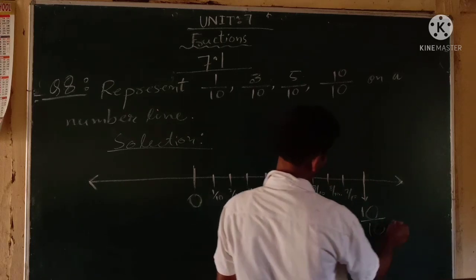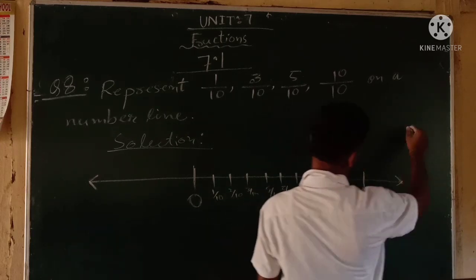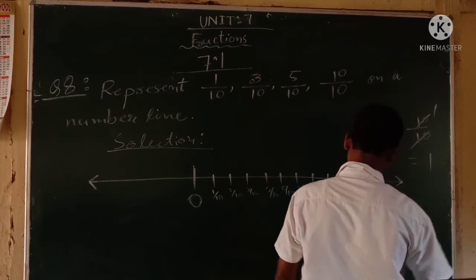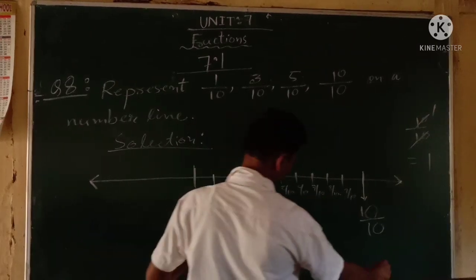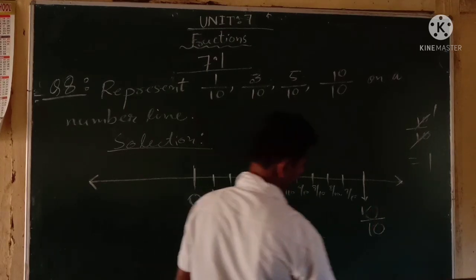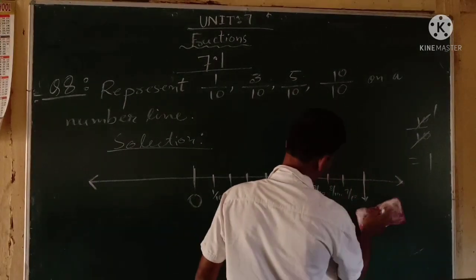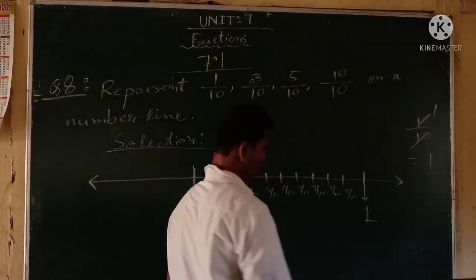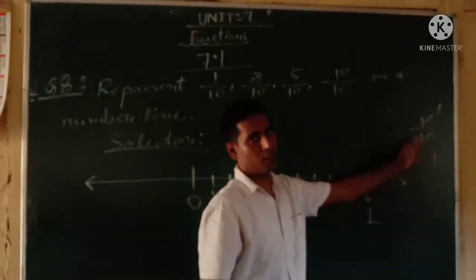10 by 10 means 1, isn't it? 10 divided by 10, 10 times 1 is 10, that means 1. That means this is 0 and this is 1. Instead of writing 10 by 10, I'll write 1. And you have already understood that 1 means 10 out of 10.